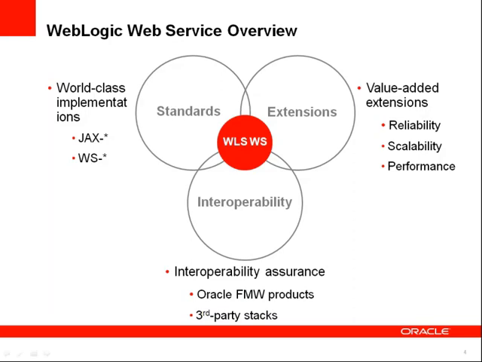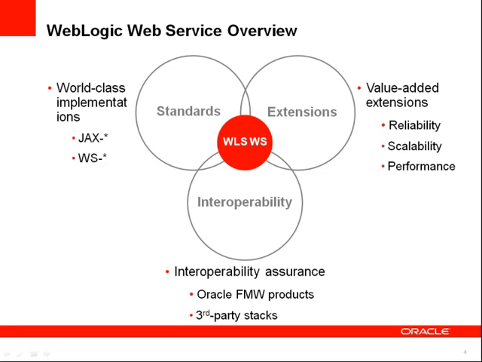In the next couple of slides, I would like to give you a quick introduction about the WebLogic Web Services stack. We focus on three different areas. First, we offer world-class implementations for the JAX-WS API and for Web Services standards.